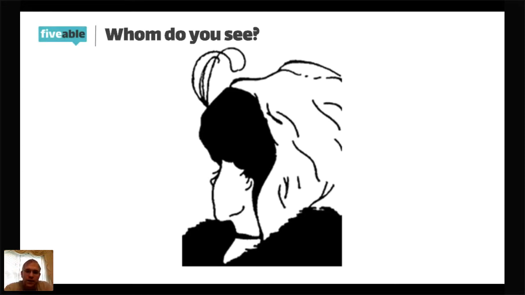You're looking at the different elements, the different parts, and coming to the conclusion, oh, now I see the young woman. Oh, there it is. Of course, obviously. That required a process of looking at the individual elements, putting them together, and getting to the final conclusion, oh, of course, it's the young woman.